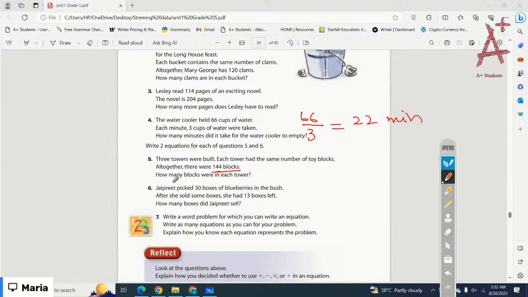You just have to write down the equations. Three towers, right? No, the question says each tower had the same number of blocks. For example, the first one is a, the second one is also a, and the third one is also a, because they are exactly the same. That equals 144. You have to write two different equations.